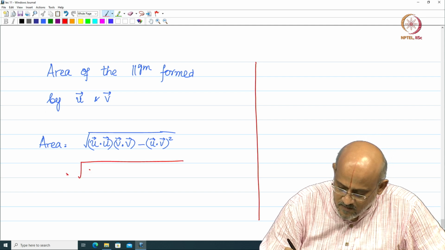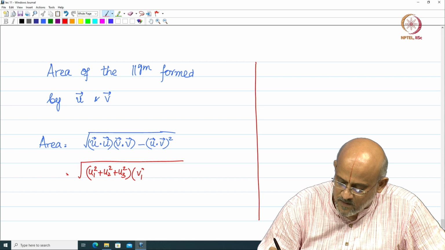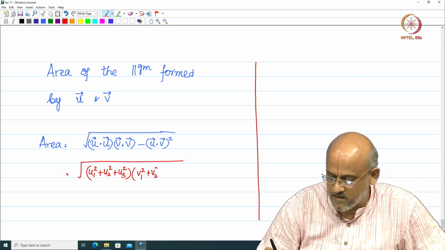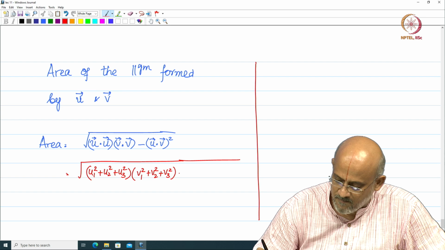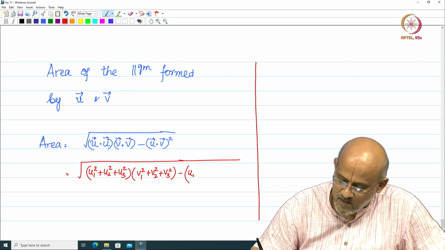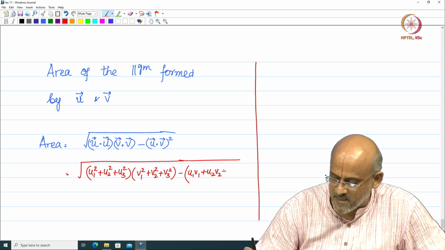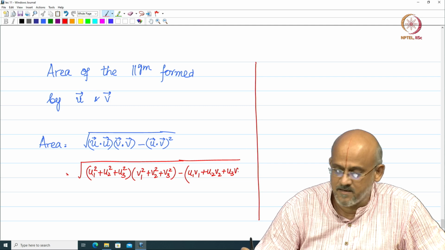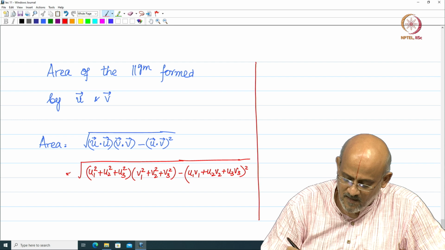Let us take this: u1 square plus u2 square plus u3 square into v1 square plus v2 square plus v3 square minus u1 v1 plus u2 v2 plus u3 v3 the whole square. This is what we are going to get, right.